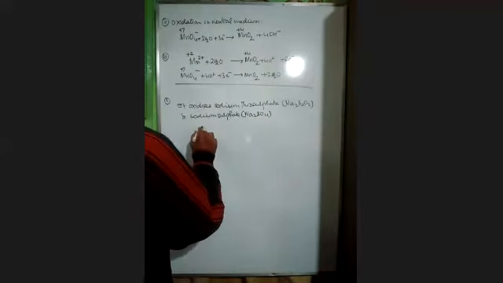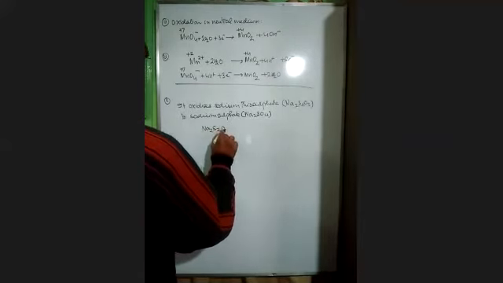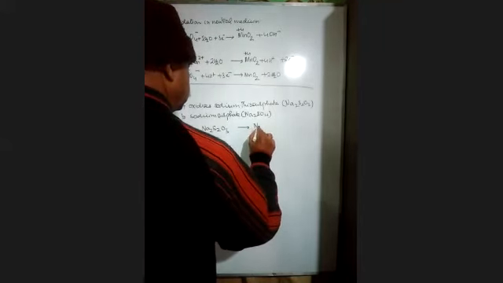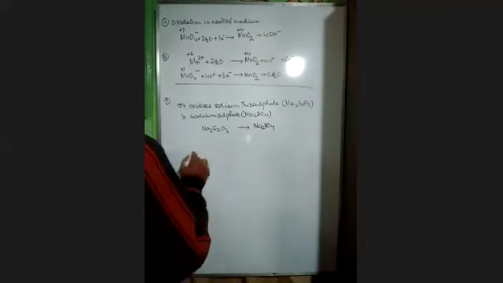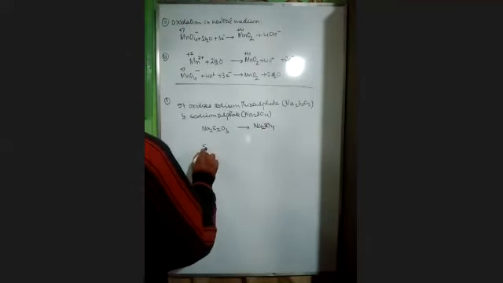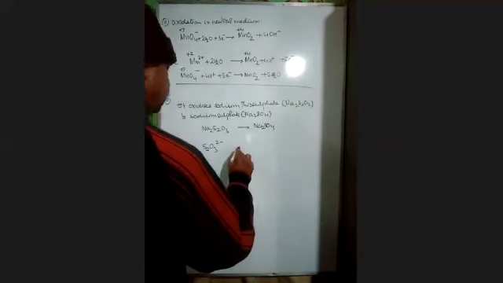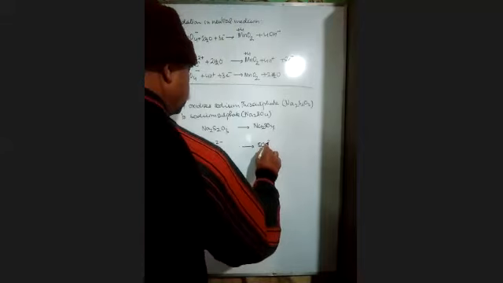Okay. It is Na2S2O3. 2 Na2SO4. So what am I supposed to do? I'm supposed to do with iron. SO3 2 minus and SO4 2 minus.